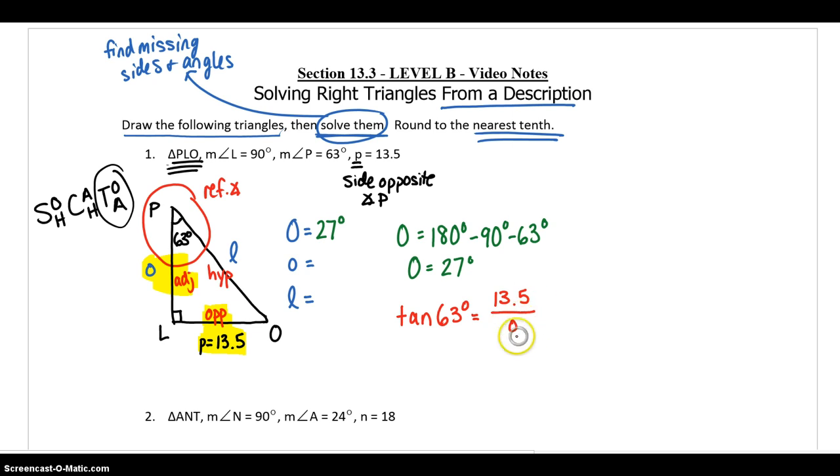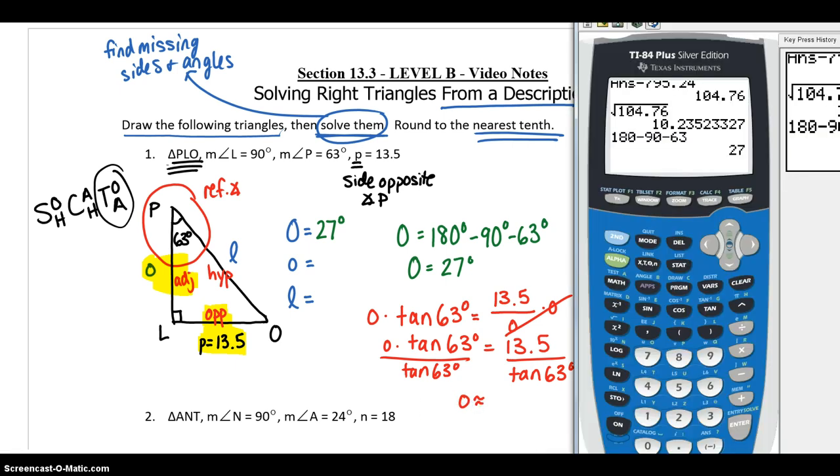Remember, anytime that variable is in the denominator, we always multiply both sides by it, so that it's not in the denominator anymore. So I have side O times the tangent of 63 degrees equals 13.5. And then I can just divide both sides by the tangent of 63 degrees, type it in my calculator, and that'll give me side O.